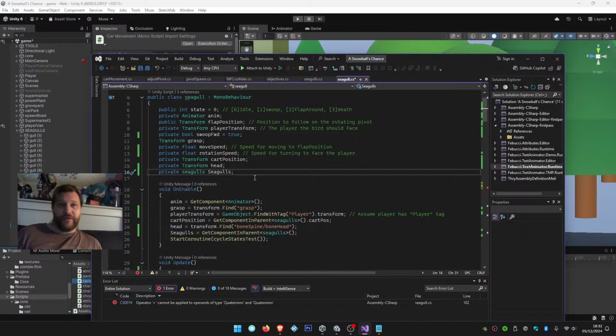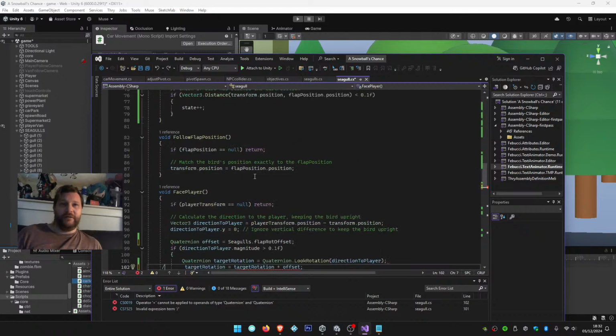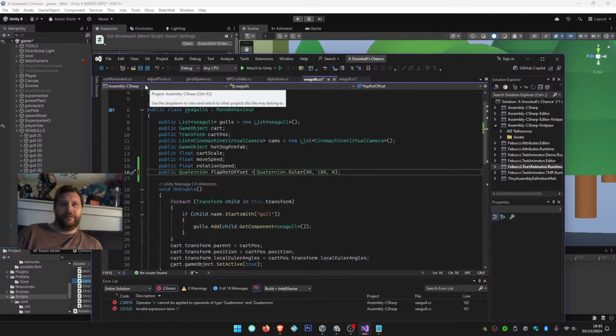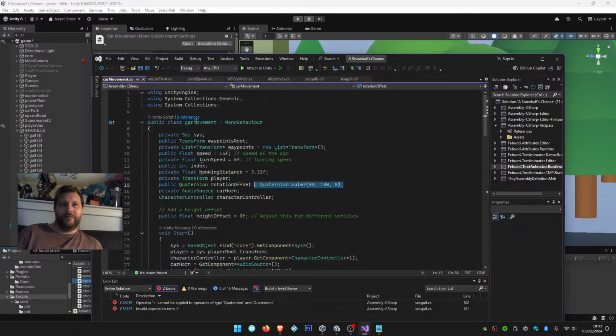Did I just remove the offset without even noticing? Oh no, because I'm in the wrong script, that's why. So we would say equals new... was it new quaternion? Or did it just say quaternion? Oh, it just says quaternion? Interesting.